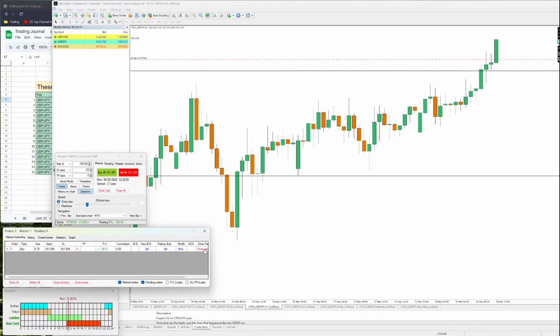Let's wait. $100. I'm gonna close 50% here, and now we're just gonna let it run. Maybe another 50% right over here. How many do we have? We are 20 pips in profit.